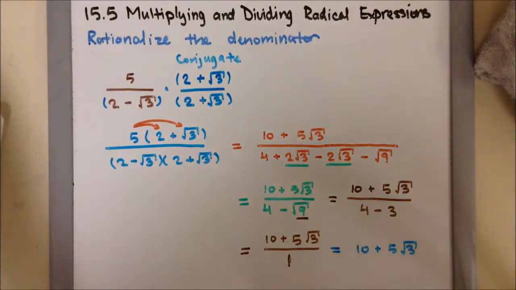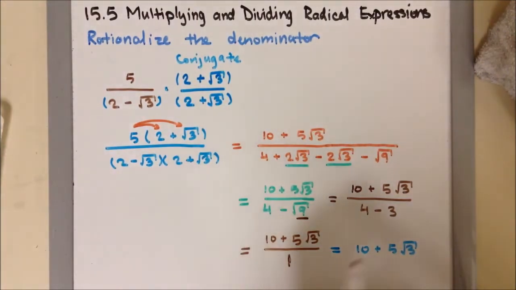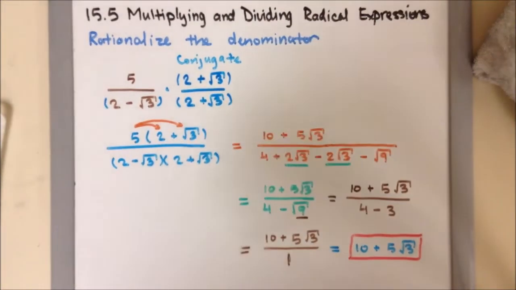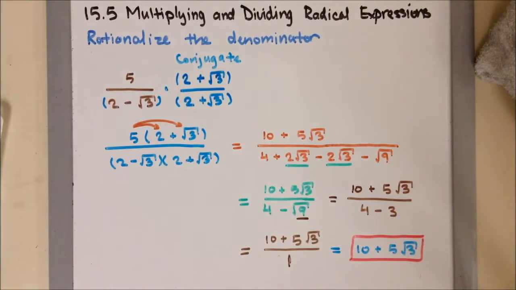And then let me box our final answer. So again, if your denominator is 1, then your final answer is just what you have in the numerator. So this is what you do when you're having an expression in the denominator of the example. You're going to multiply by the conjugate.